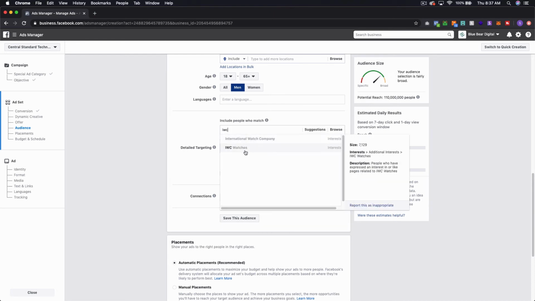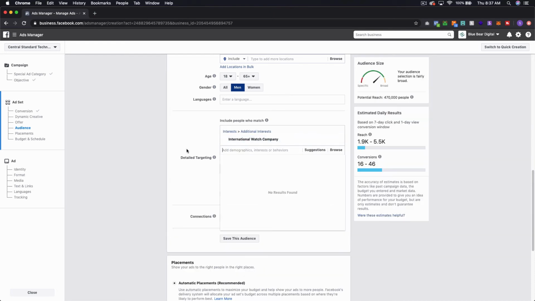So you could say IWC, for example, is a really famous watch company, with 470,000 people. So we would run ads targeting people who like IWC. Now this one was interesting because we did make some sales, but we also got a lot of backlash, because it turns out if you spent $5,000 or $10,000 on a watch and you see an ad for something that looks similar to your watch for $200, you freak out a little bit and say it's a counterfeit.